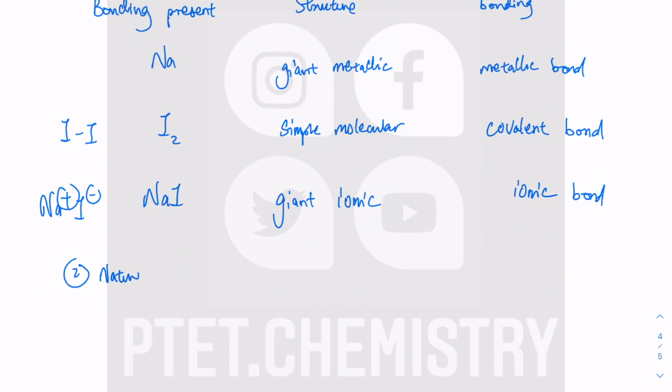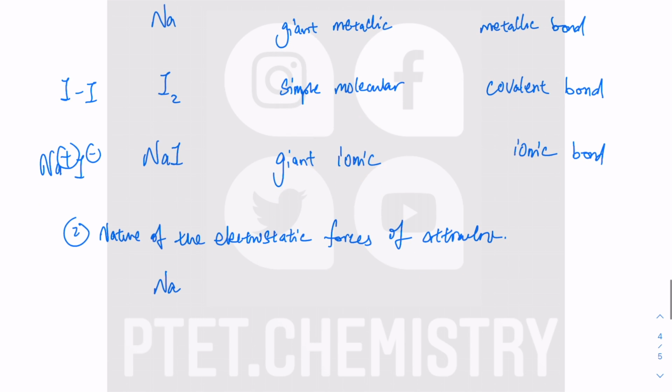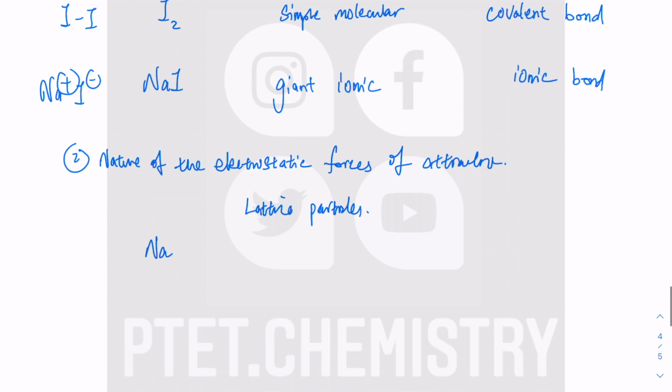Nature of the electrostatic force of attraction. So what sort of lattice particles are present inside the structure? Okay, sodium. So the lattice particle. You need to think about every single chemical bond being an electrostatic force of attraction between something positive and something negative. So this is a metal, a giant metallic structure.